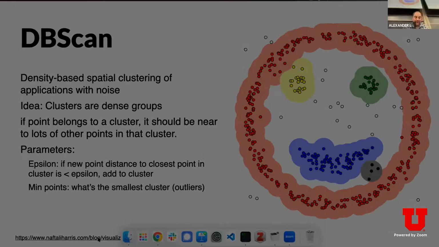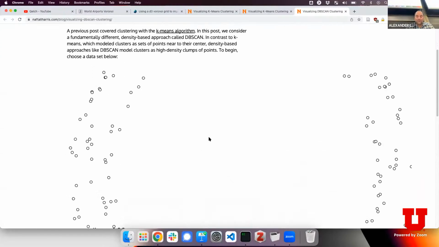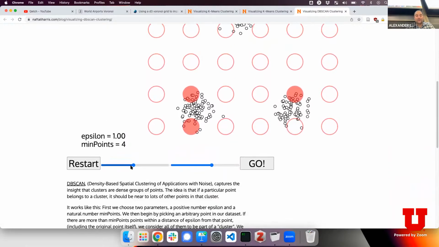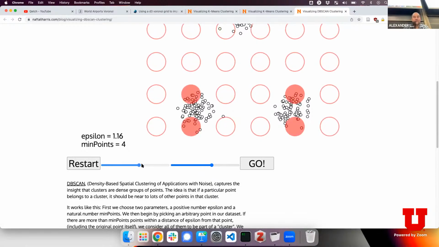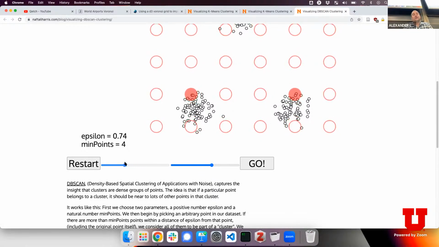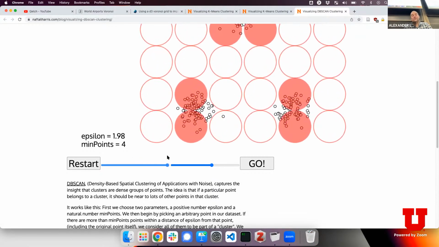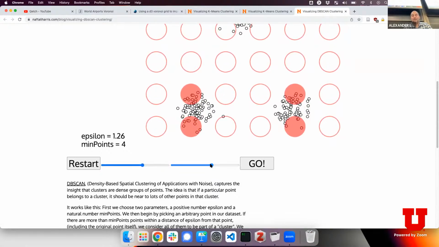And how DBScan works is well explained with this algorithm. So my two metrics here are the point size, and these circles here represent the neighborhood that I'm looking for, right? So in this case, I'm looking for very large neighborhoods. In this case, I'm looking for smaller neighborhoods. And then here I have my number of minimum points, right?